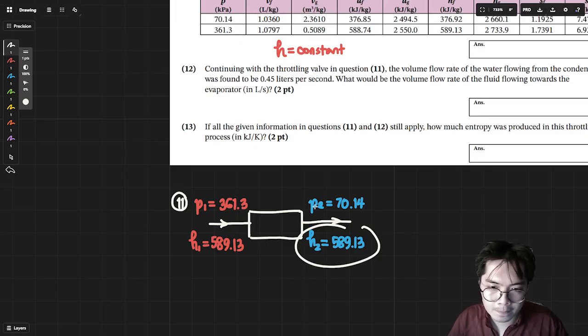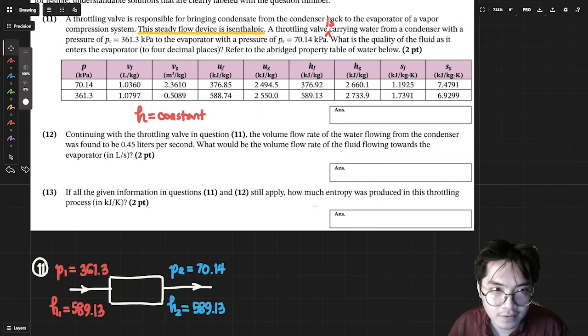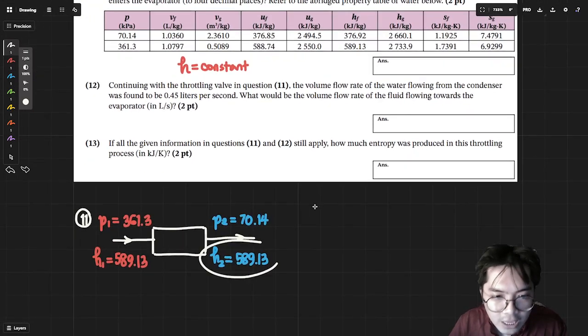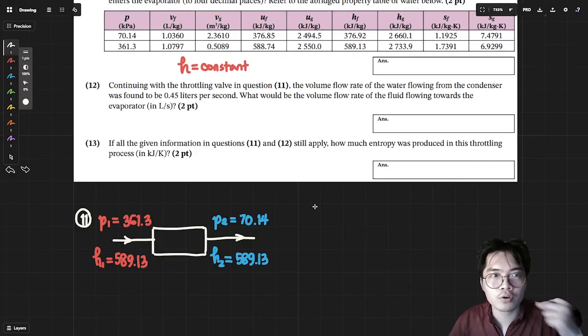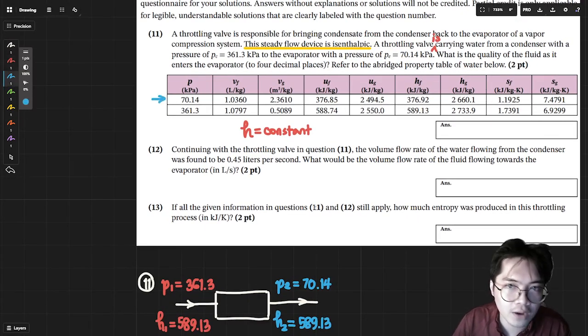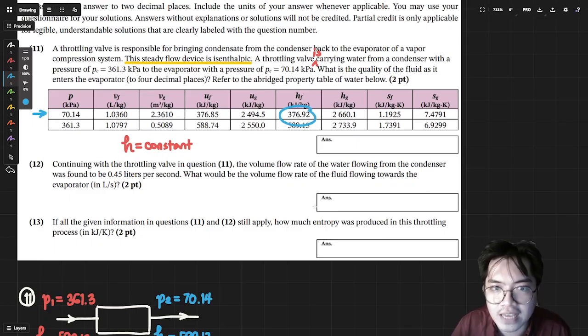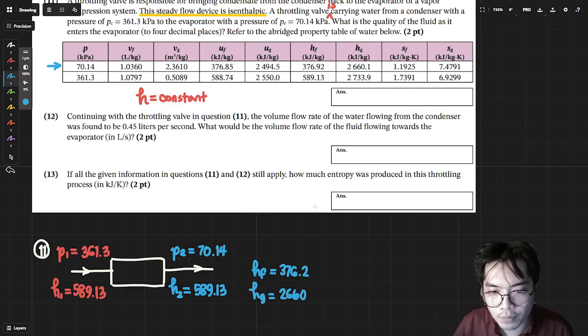So what is that quality? H2 is the same as H1, but now you're in the realm of the first row, which has an HF of 376.92 and an HG of 2660.1.